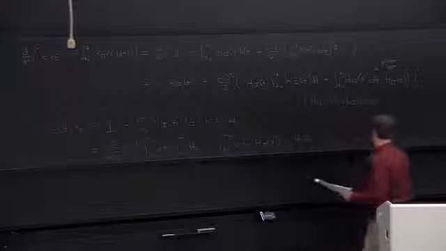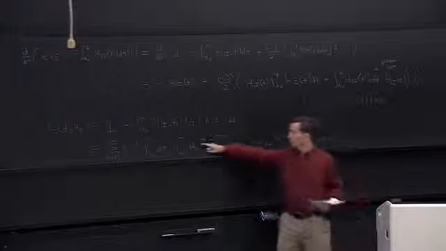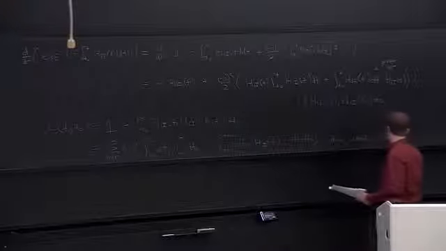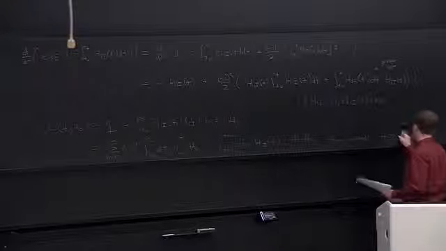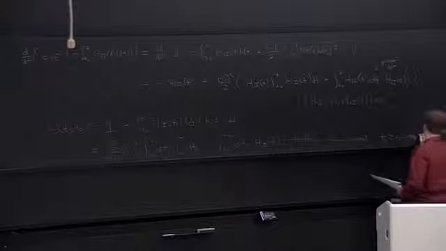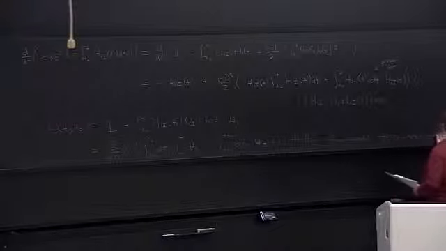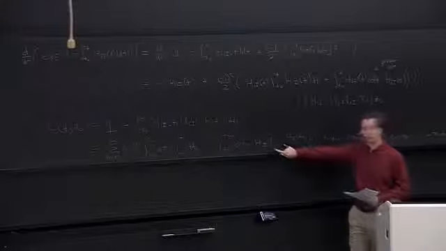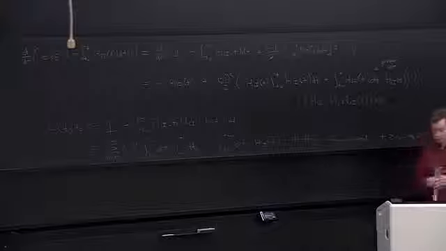We have that T1 is greater than or equal to T2, and similarly T2 is greater than or equal to T3, and so on. So we've got here a time-ordered product of operators.